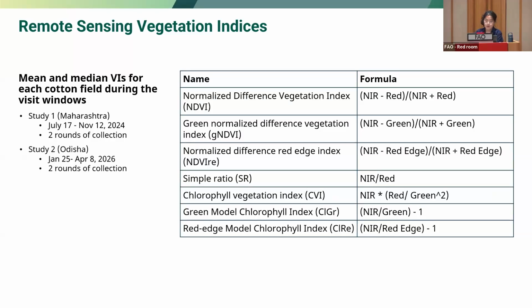For study 1, we have the field boundaries for each farmer's plot, so the VIs were aggregated at the farmer's field level. But for study 2, we only have the point location within the field. Therefore, those VIs were extracted at the point location only.